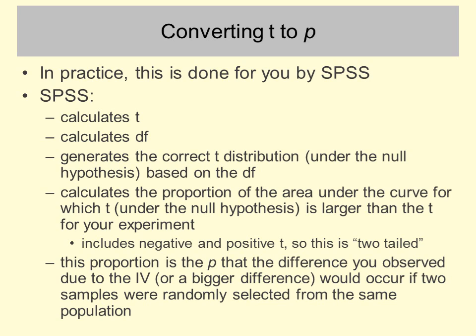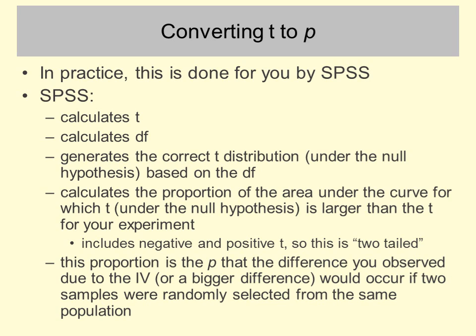Now, that might have all sounded a little bit complicated on the last couple of slides. Fortunately, in order to convert t to a p-value, that's actually done for you by the computer software SPSS that you'll be learning to use in your workshops over the next couple of weeks. SPSS, in fact, calculates the t-value, calculates the degrees of freedom.